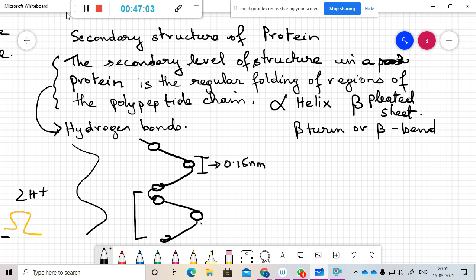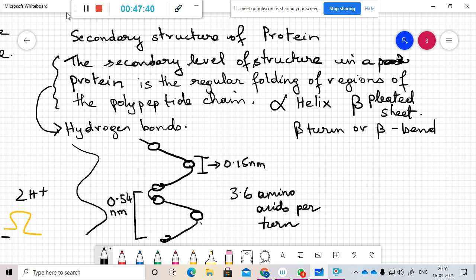From here to here it is 0.54 nanometer. 3.6 amino acids per turn. So this is how basically an alpha helix looks like.